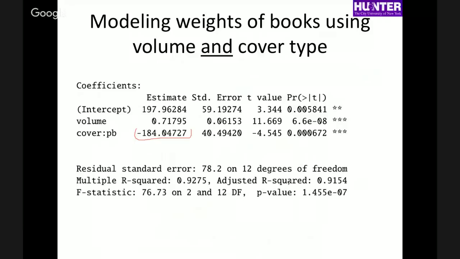It was like 0.80 before, right? And by adding this term, it's now gone up to 0.9275 for the multiple R² and up to 0.915 for the adjusted R². So it looks like this has helped our model, as we expected. It means that we're explaining more of the variance with the model compared to the unexplained, or compared to the total variance.